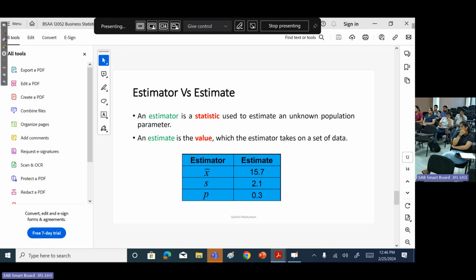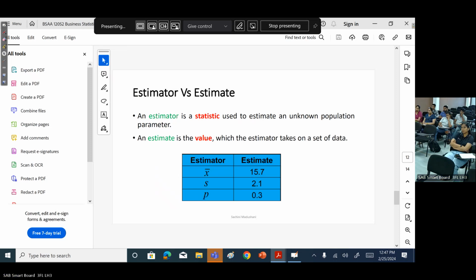Another two things are estimator and estimate. Now you know the sample statistic. Do you know the meaning of sample statistic now? Yes or no? The sample statistic means any numerical measure of the characteristic of the sample. Then an estimator is a statistic.